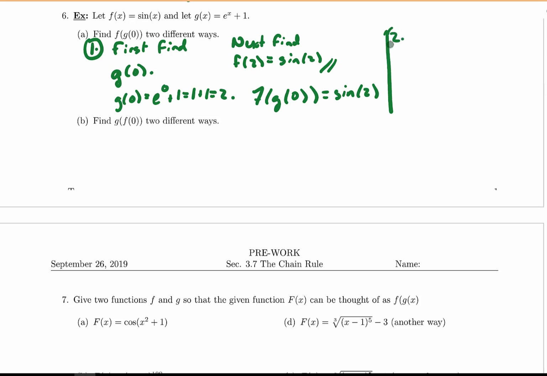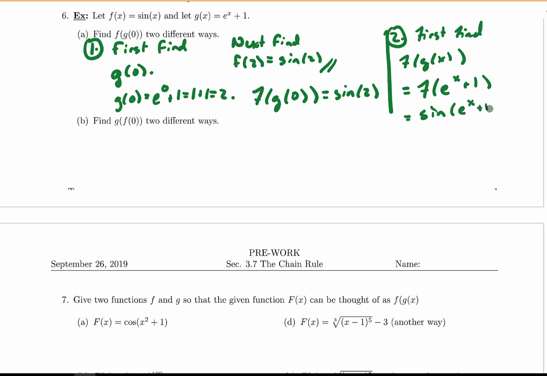Here's the second way, which is maybe a little bit harder, but also a little more sophisticated and useful going forward. So let's first find f of g of x. Notice I'm not plugging in, I'm not finding the point, I'm finding this new composition function. That is, by definition, f of e to the x plus 1. So everywhere I see an x in the expression for f, I'm going to plug in e to the x plus 1.